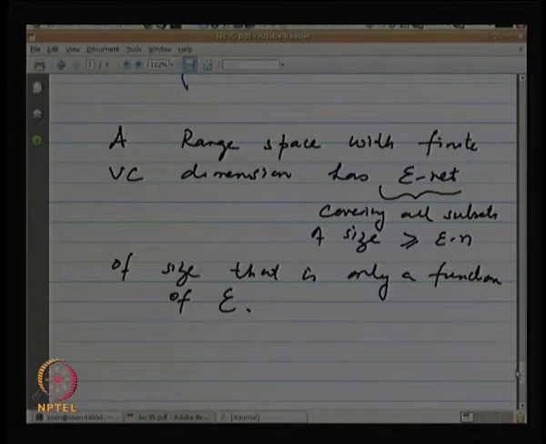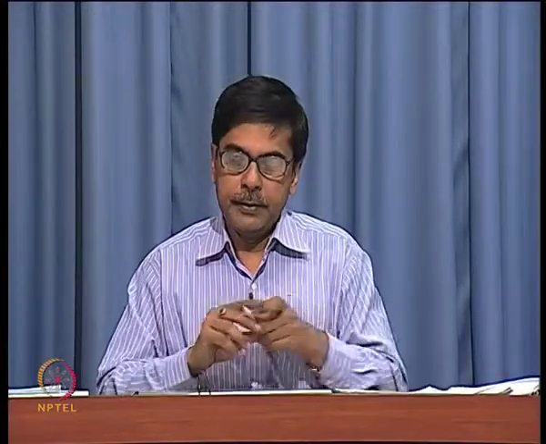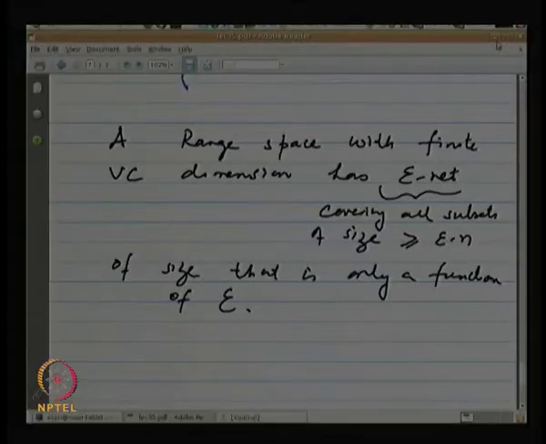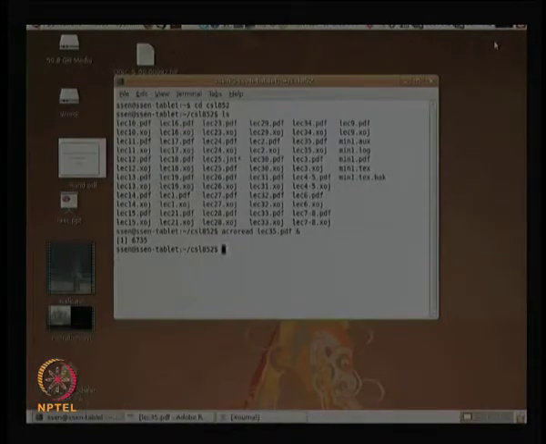But as we'll see, possibly tomorrow or in the next lecture, when we have finite VC dimension, we'll be able to show the existence of set covers whose size does not depend on the number of subsets. It's only dependent on epsilon. So we'll need a few more definitions and some more concepts of range spaces. Let's continue with that.